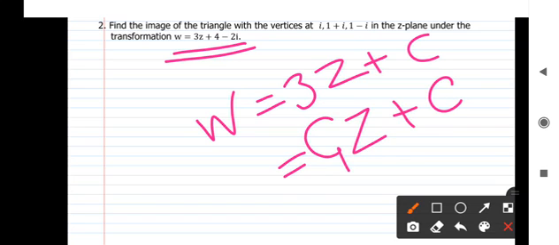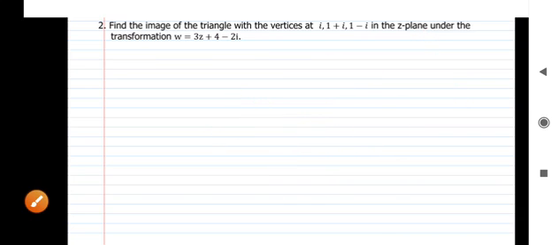So we can say that here first the rotation and magnification is done and then translation is done. Okay, so now we have to find the image of this triangle in Z plane under this transformation in W plane.